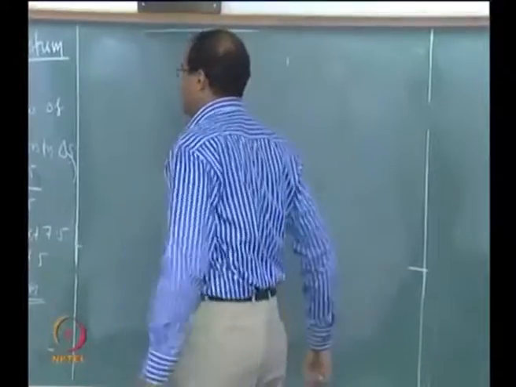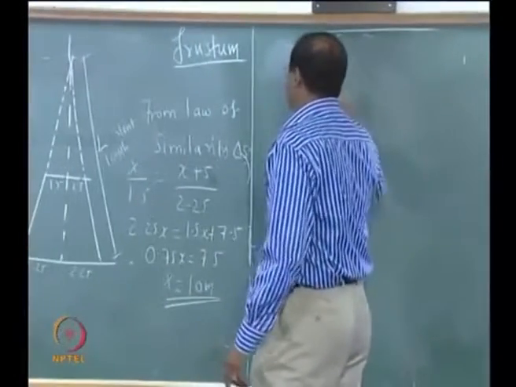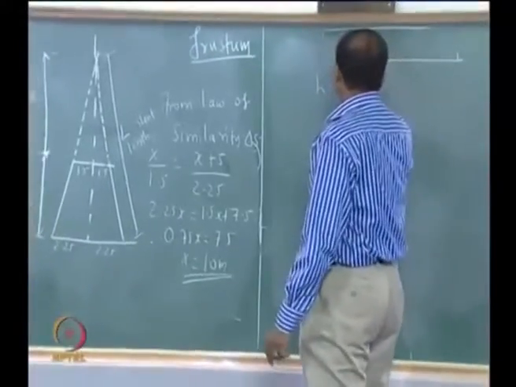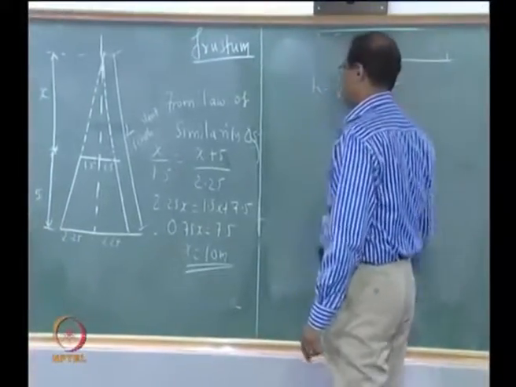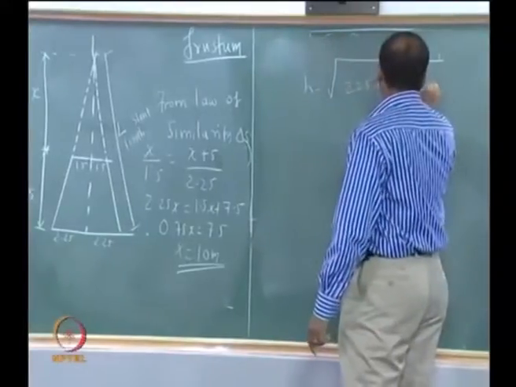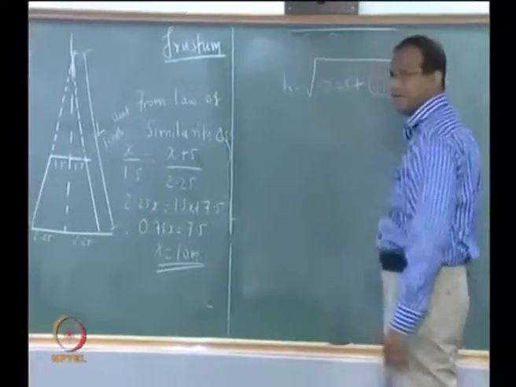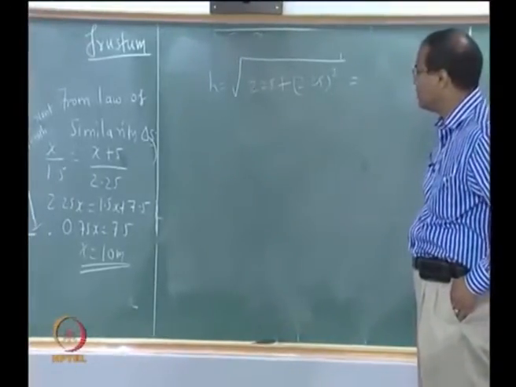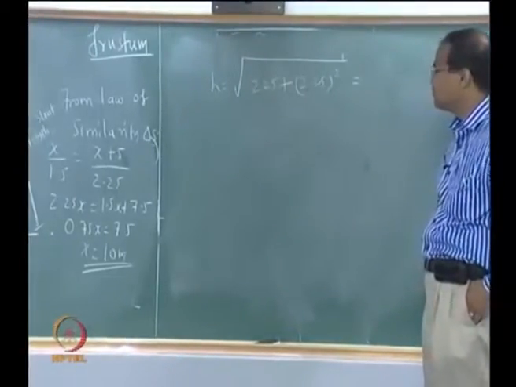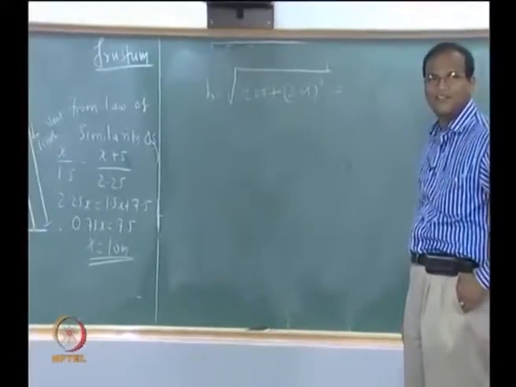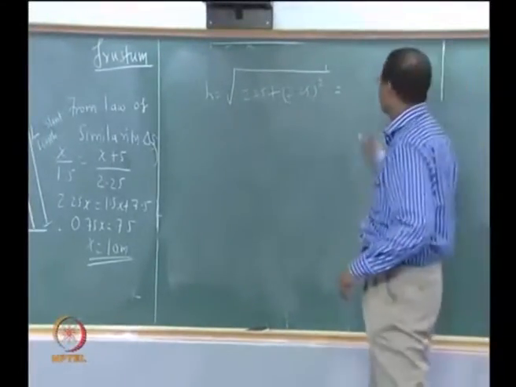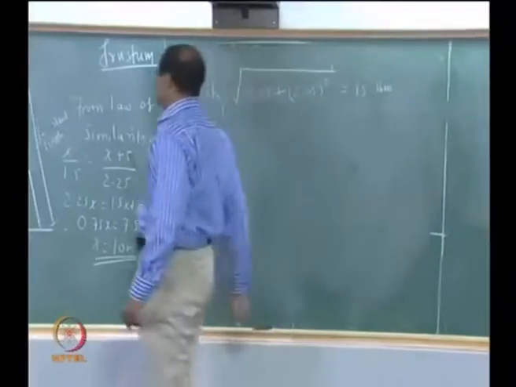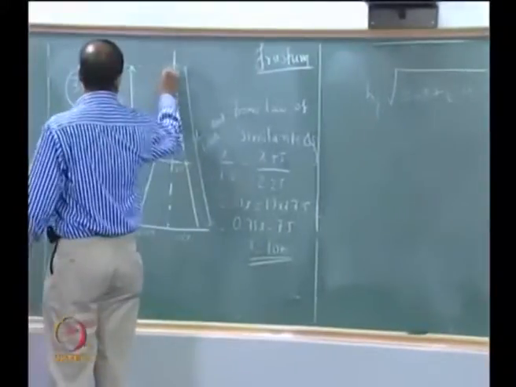Okay. So, L equal to root of 225 plus 2.5 square, is that correct? 15 square is 225. Yes, sir. How much is it? 15 minus 7. So, let us call this L1, and this fellow is L2.